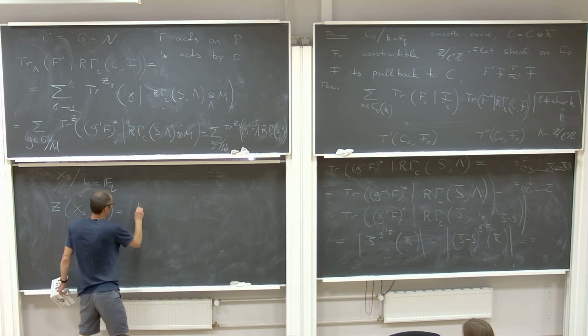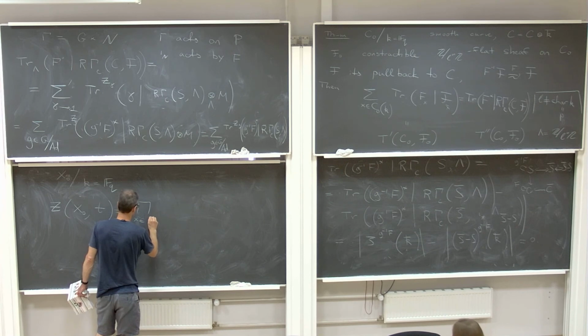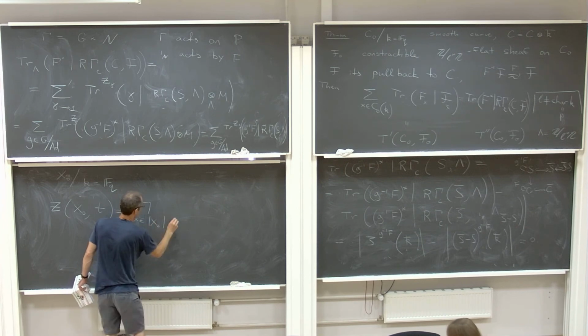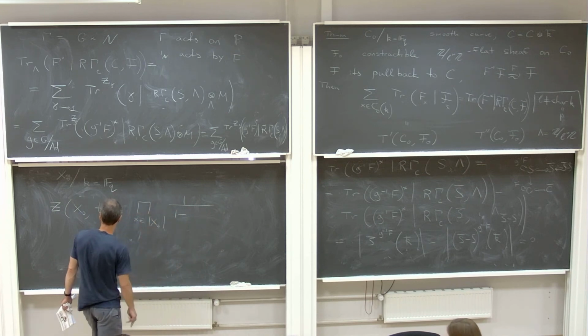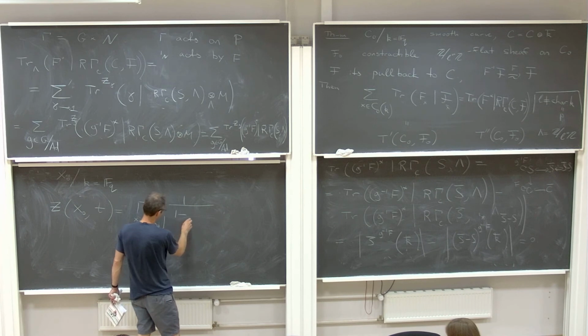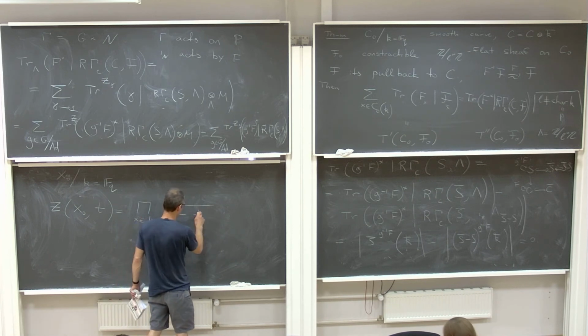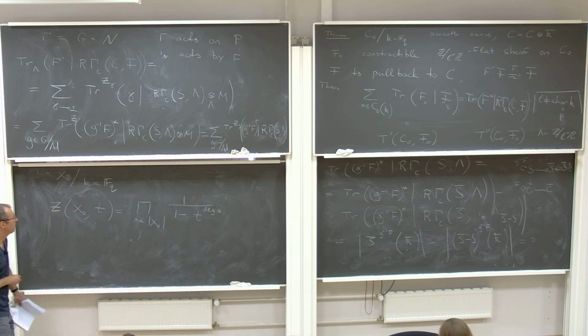It's a product over all closed points in X0 of 1 over 1 minus a weight. You count points, and every point comes with a weight, 1 over t to the power degree of x. That's the definition of the zeta function.